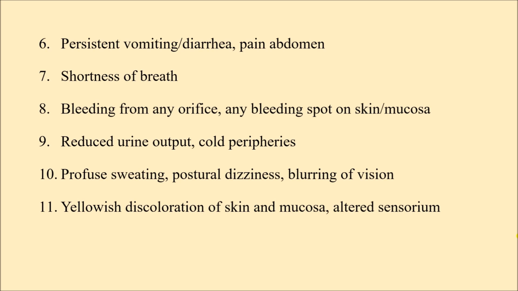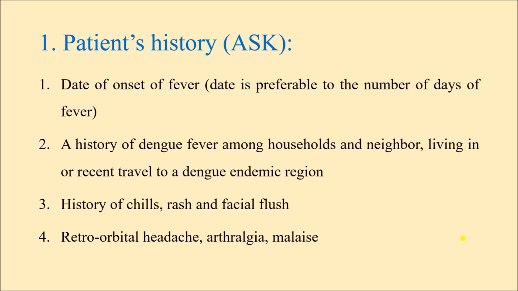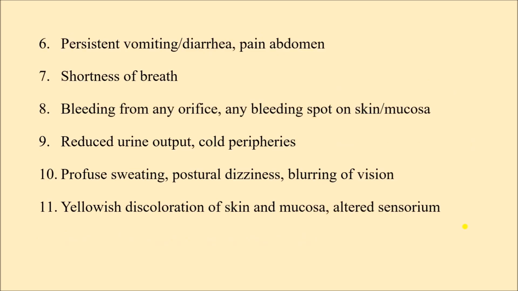Along with that, history of persistent vomiting, with or without diarrhea, pain abdomen, etc. Shortness of breath, bleeding from any orifice, any bleeding spot on skin or mucosa, reduced urine output, cold peripheries, profuse sweating, postural dizziness, blurring of vision, yellowish discoloration of the skin or mucosa, and altered sensorium. So all these things must be asked in detail, and this information is very important because it will tell us about whether any bleeding manifestation is there or not, and also whether certain other complications like hepatitis are happening or not.